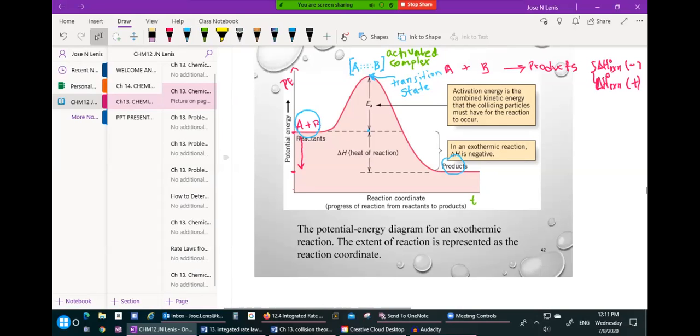It's a natural tendency for systems to go down in the energy hill when we have that energy gradient, going from high potential energy to lower potential energy to form more stable products.